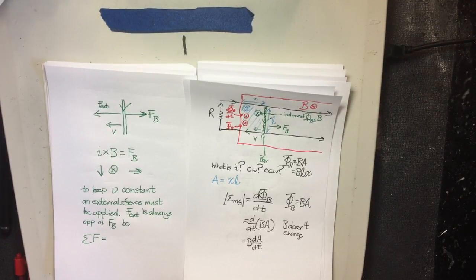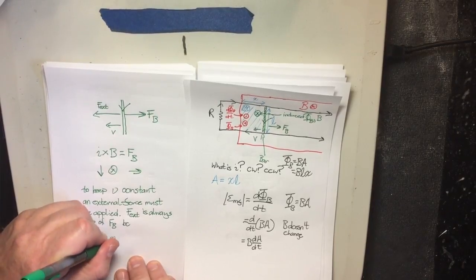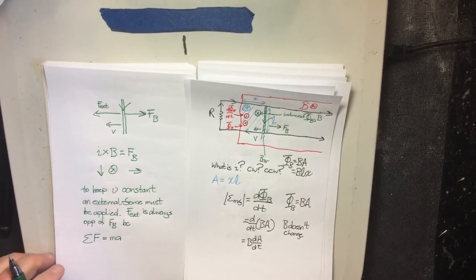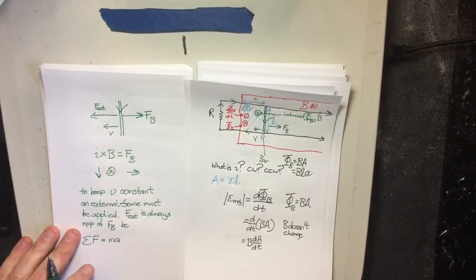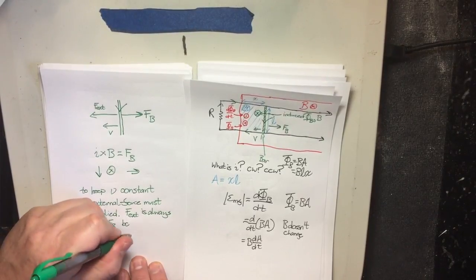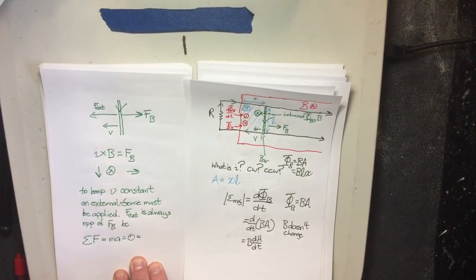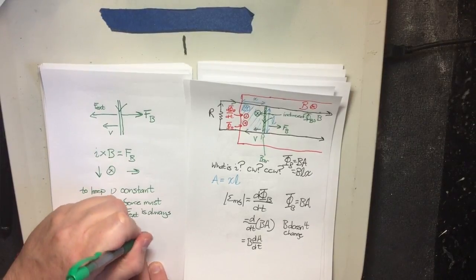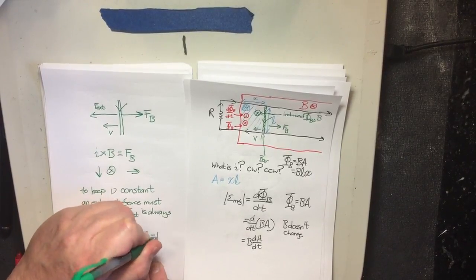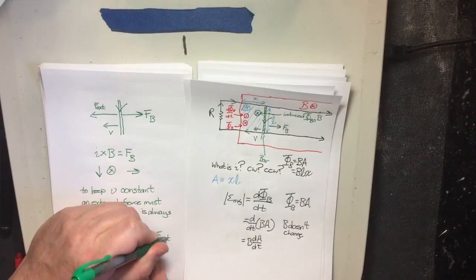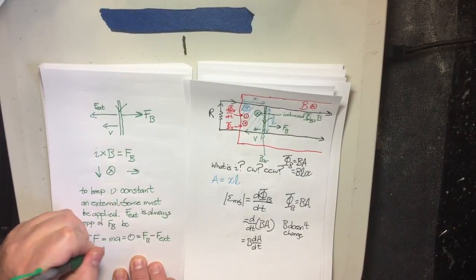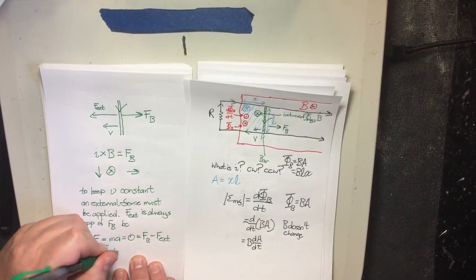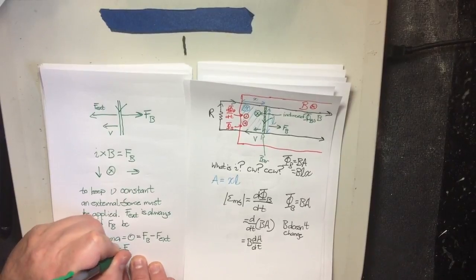Acceleration is 0. So in order to make it 0, F_B is to the right, so the external force must be to the left. The external force is of the same magnitude.